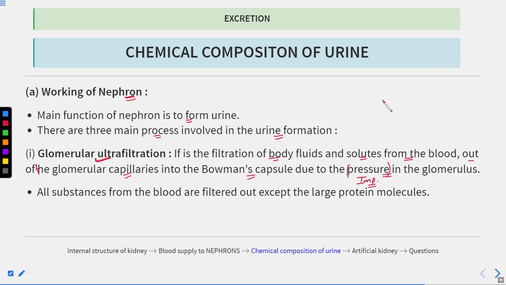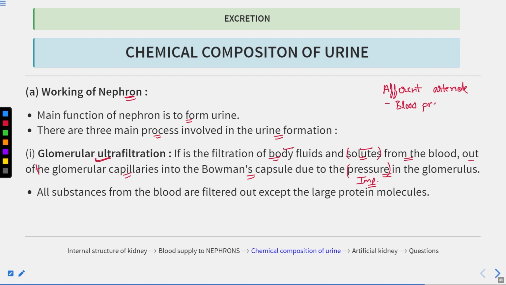Okay, so the afferent arteriole carries the body fluids and the solutes. It also carries the toxins and the nitrogen waste. So there is some pressure present in the afferent arteriole. This pressure is very much necessary, and the afferent arteriole has some pressure known as the blood pressure.